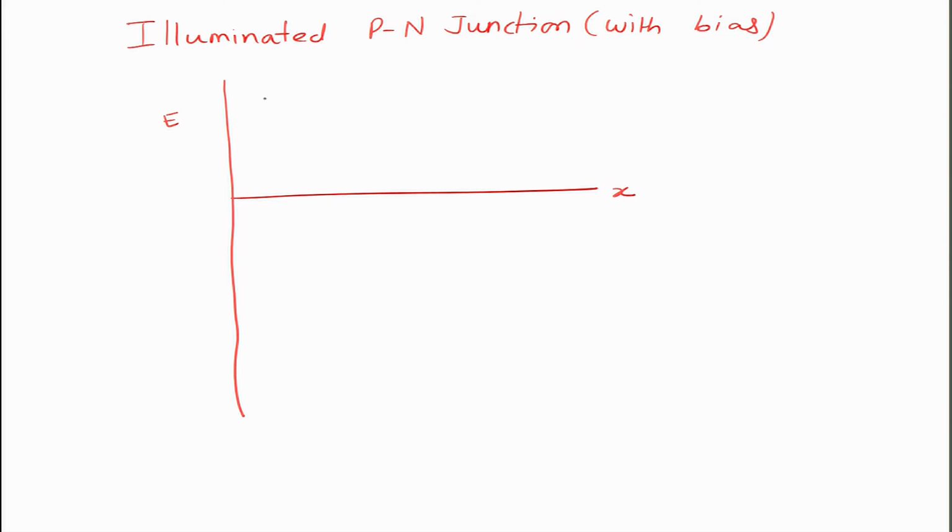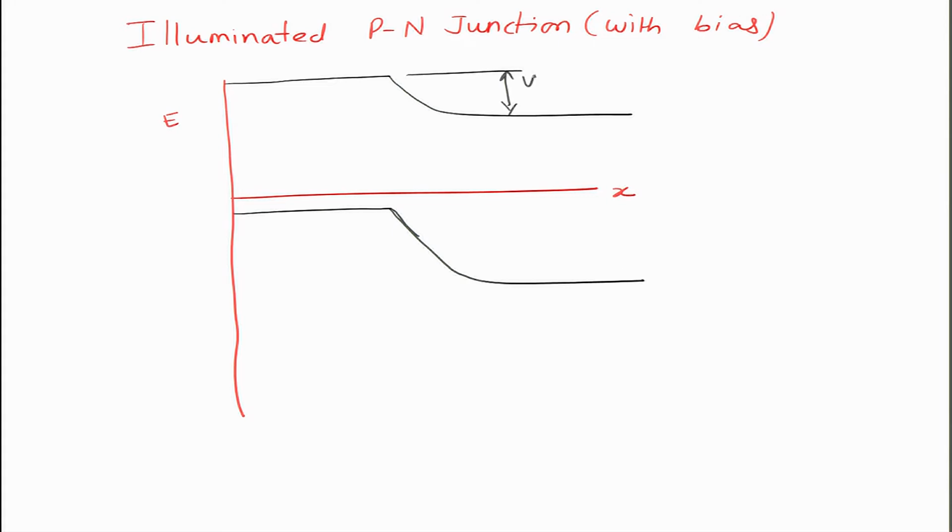Let us say this is your EC, and this is now equal to VBI minus V, because you have applied bias VA.